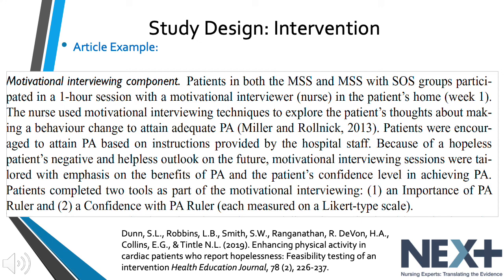In this study, the authors were testing an intervention that included a motivational interviewing component. The MSS group received motivational social support from a nurse, and the MSS plus SOS group received additional social support text messages from a significant other. You may wish to pause the presentation to take a moment to read the text.